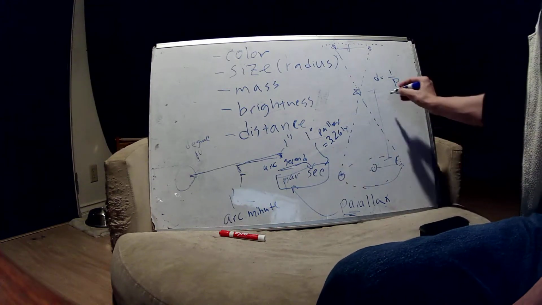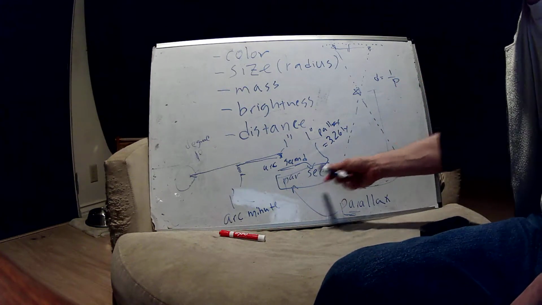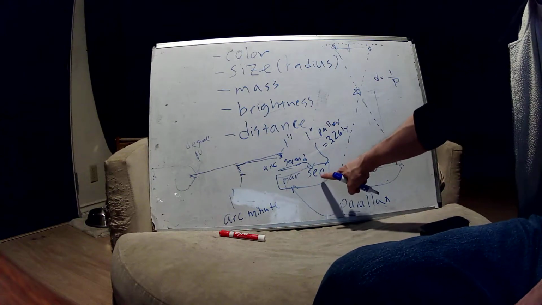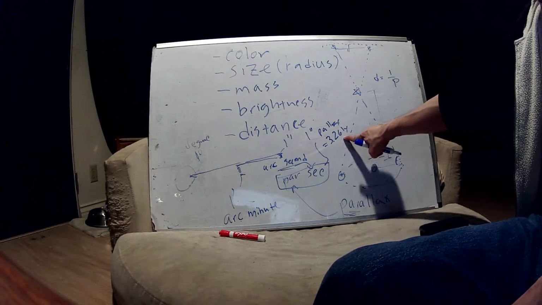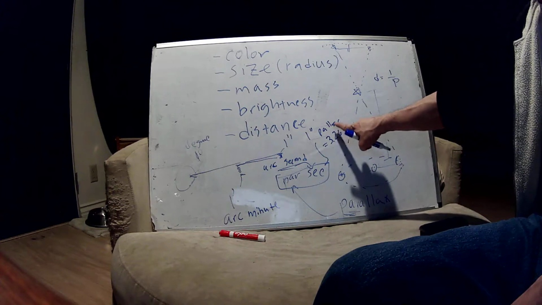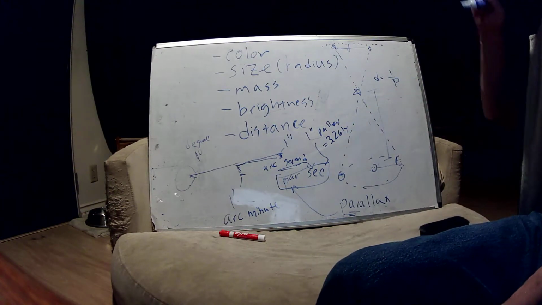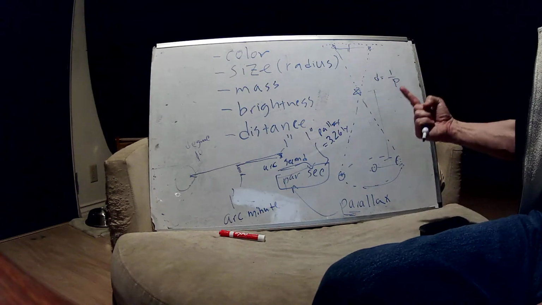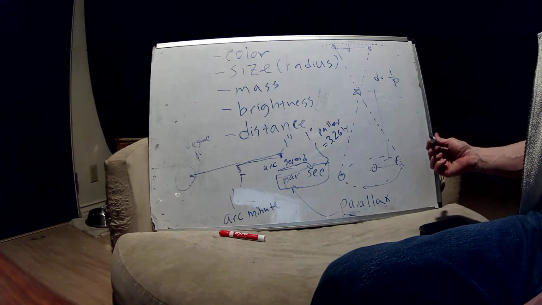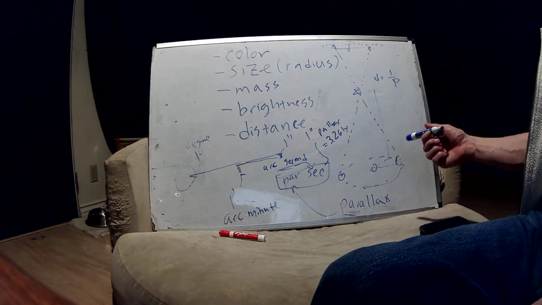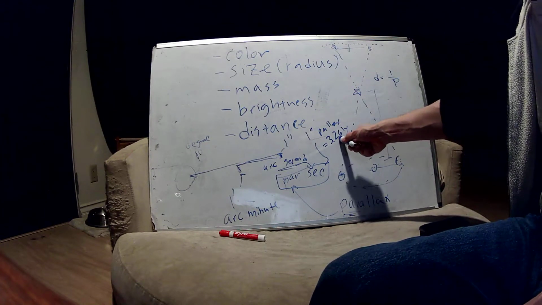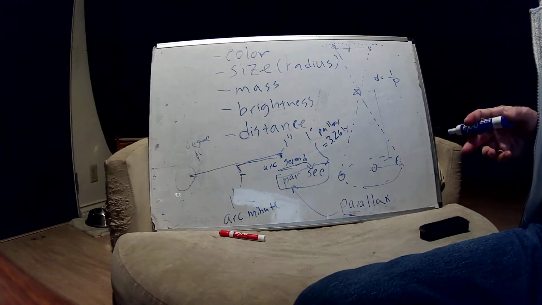But if you have 10 arc seconds of parallax, the distance is not 10 light years. It's 1/10 of that, 0.326 light years. If an object has 0.1 arc seconds of parallax, then it's 32.6 light years.